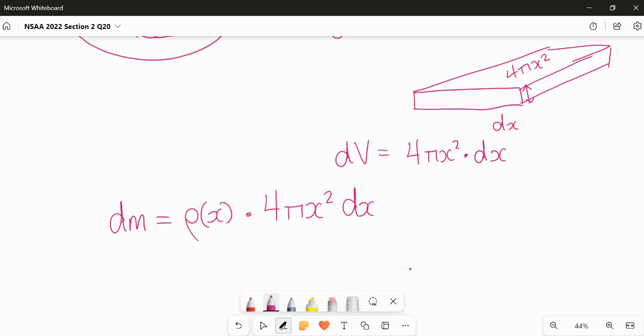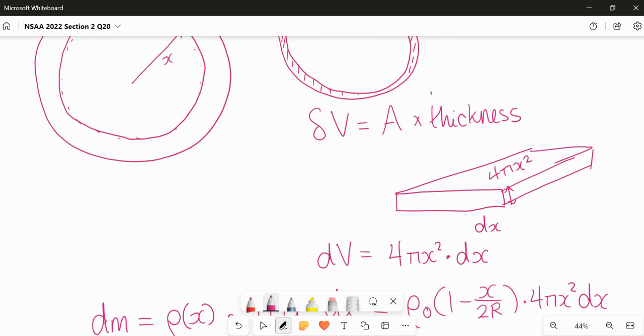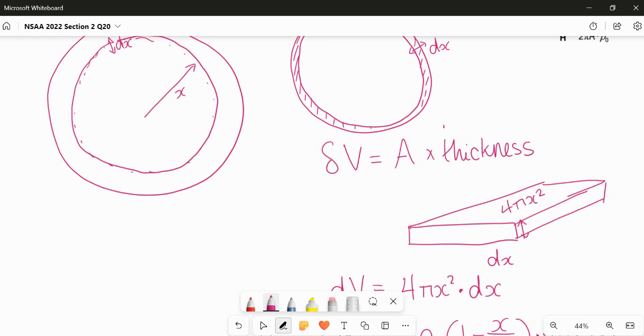So using the expression they've given, that would be ρ0 times 1 minus x over 2r times 4 pi x squared dx. So we found an expression for the amount of mass in a very thin shell of radius x.